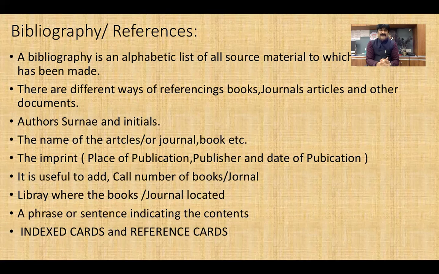There are different ways of referencing books, journals, articles, and other documentation. Author's surname and initials, the name of the article or journal, book, etc., the imprint, like the place of publication, publisher, and date of publication. It is useful to add the call number of books or journals, the library where they are located, and a phrase or sentence indicating the contents, along with index cards and reference cards.